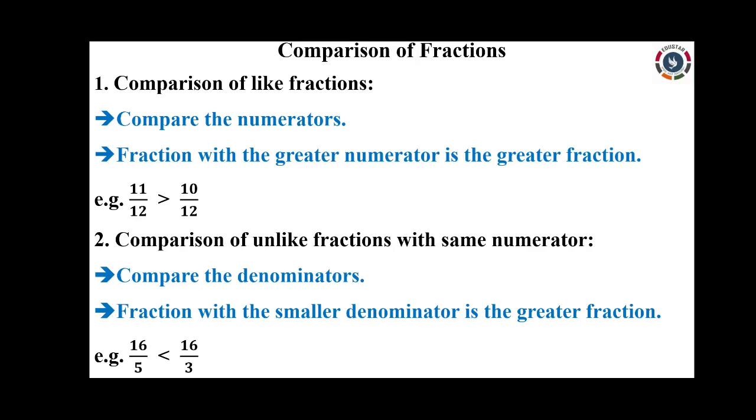Here numerators are same. So compare the denominators 5 and 3. 5 is greater than 3. The fraction which has the smaller denominator is the greater fraction. So 16 by 5 is less than 16 by 3.